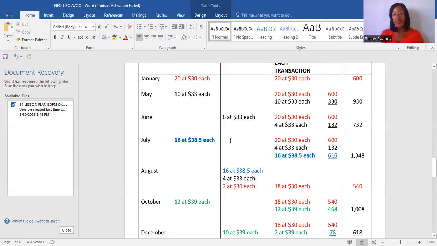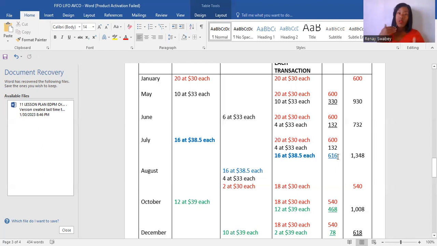And Miranda did not buy any from Selena. Azika did not buy any from Selena either, neither did Chanel. So Selena is left with her 16 iPhones at $38.5 after doing her stock valuation at the ending of July. So we simply rewrite it here.